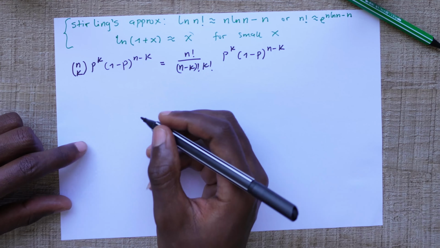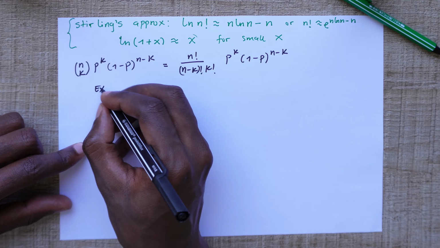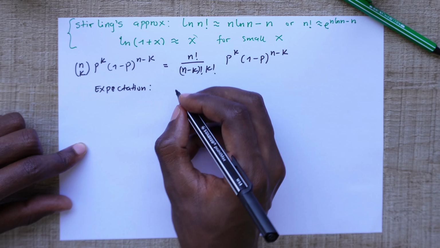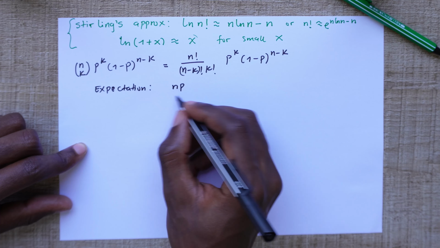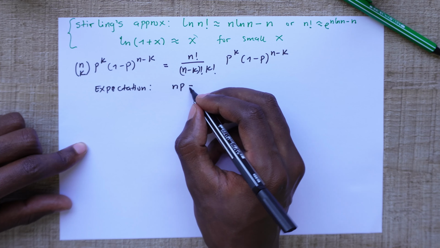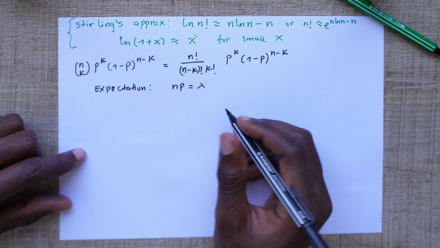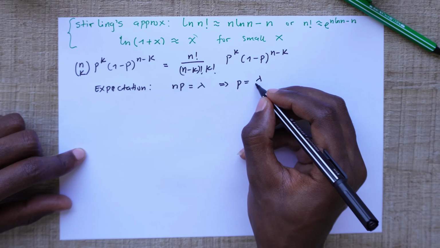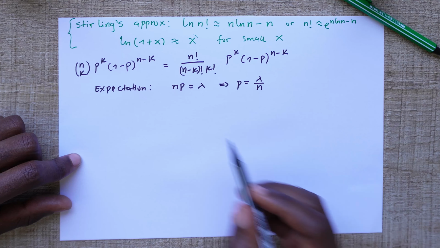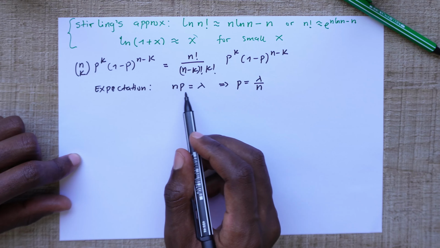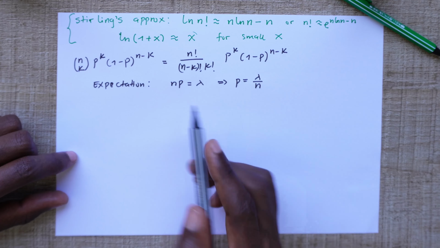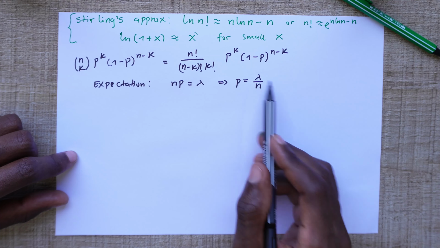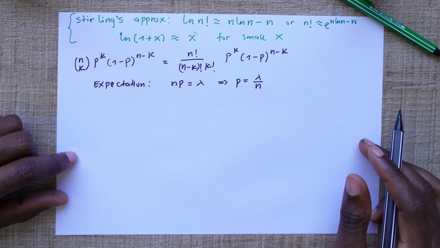So we can write that the expectations are equal. So np, the expectation of the binomial distribution, should be equal to lambda. So already here we can express p as lambda over n. Okay, this was already a first relationship between the binomial and the Poisson. The probability of success expressed as the average occurrence of the event lambda.